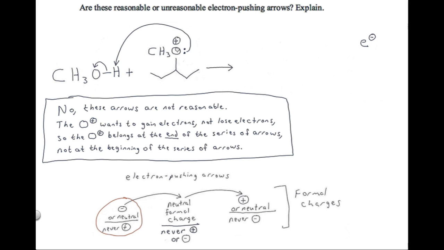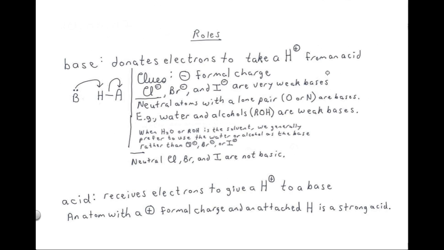Now, these arrows are tempting for students because we do have a lone pair at the beginning. Students think that maybe this oxygen should go at the beginning because it does have a lone pair. Well, it's true, this oxygen does have a lone pair, but not everything with a lone pair is an electron donor. Negative atoms with a lone pair are electron donors because they want to get rid of electrons. And neutral atoms with a lone pair can also be an electron donor.